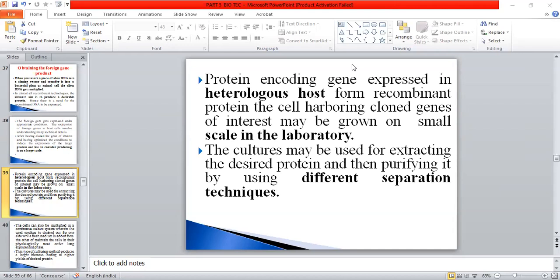There are so many biotechniques used for the separation of molecules.